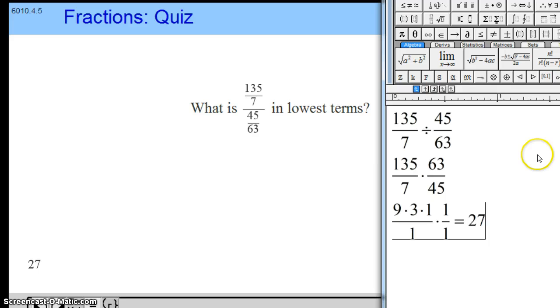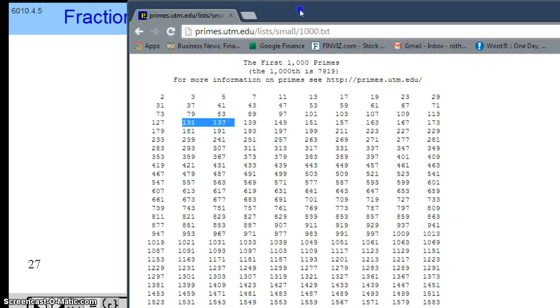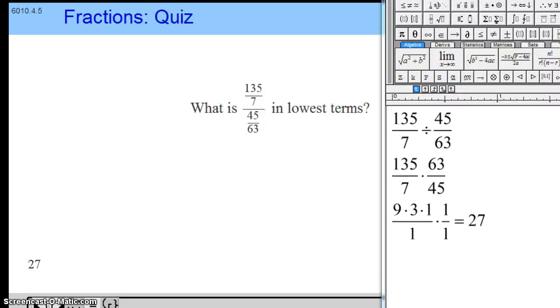A quick recap: we had this problem, and we turned it into a multiplication problem because that makes it easier; you just multiply the top and the bottom together, but you can also cancel out factors directly on the top and bottom. To factor these, we first checked our prime list to make sure none of them were actually prime. Just Google list of prime numbers. Then, if you're savvy with your multiplication tables, you'll recognize that 63 is the product of 9 and 7, and 45 is the product of 9 and 5.